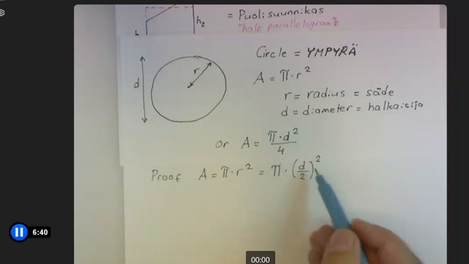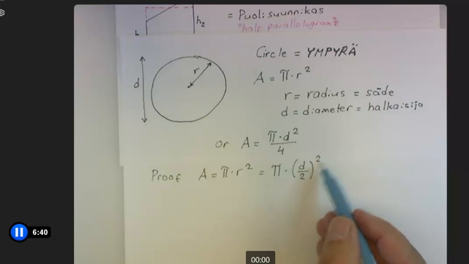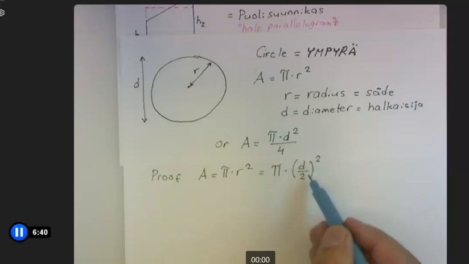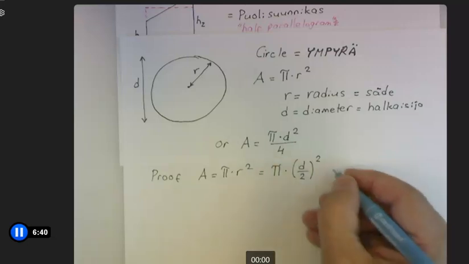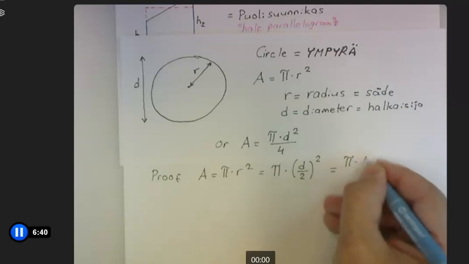And here we have this fraction raised to the power of 2, so we get the same exponent for both, d squared and 2 squared, and that gives that 4 there.